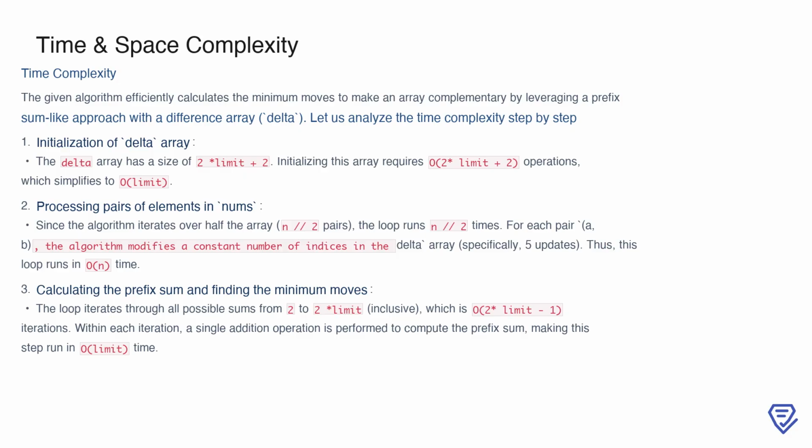Finally, we compute the prefix sum and determine the minimum moves. This involves iterating through all possible sums, which range from 2 to 2 * limit. The number of iterations is therefore 2 * limit - 1, and since each iteration involves a single addition, this step also simplifies to O(limit). These three steps together form the foundation of the time complexity analysis.